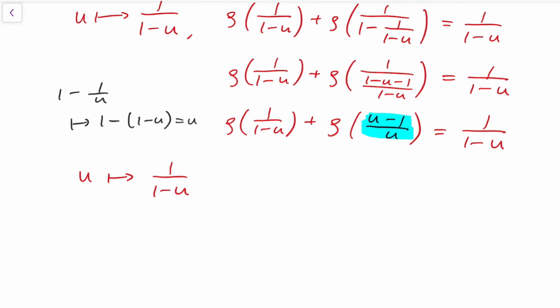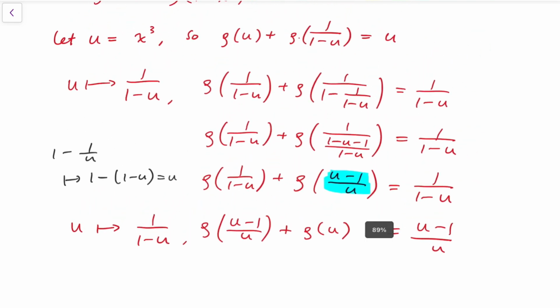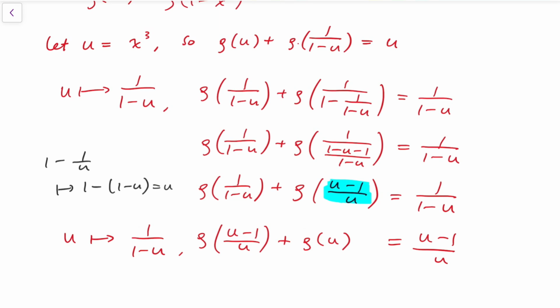And so this part becomes 1 minus u, and so that's u. Okay, so from this we can say that the first term is, according to previous experience, equal to g of u minus 1 over u plus g of u, and that equals u minus 1 over u.